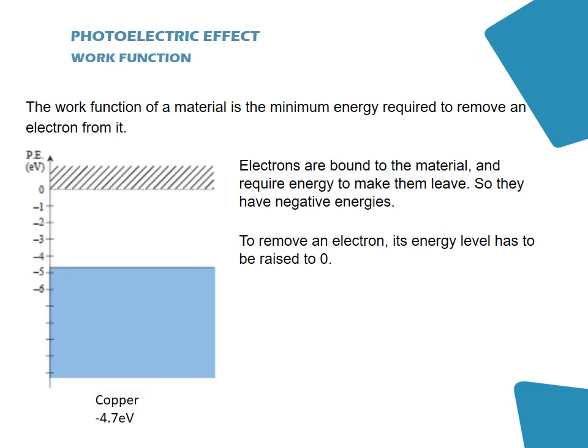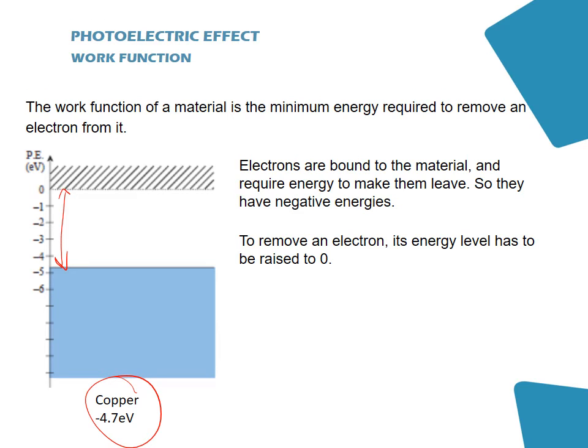Now, this is a representation of an energy level diagram for a particular type of metal. Here we're looking at copper metal, and what we're seeing is the amount of energy required to be given to electrons for them to be released from the metal.